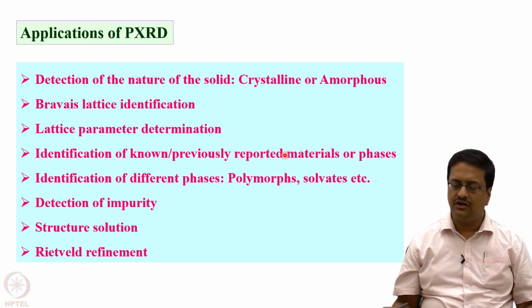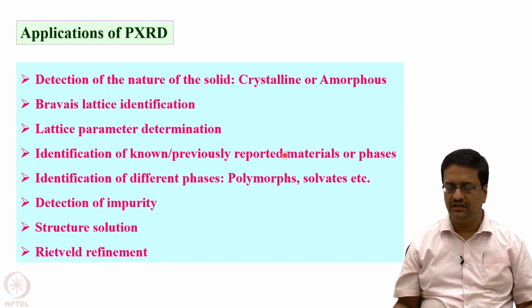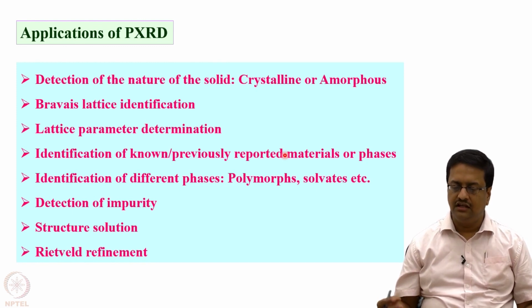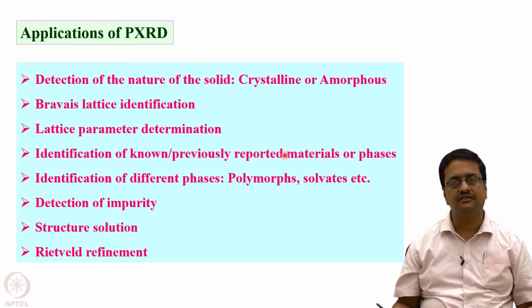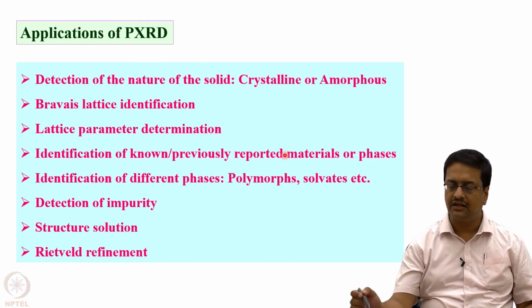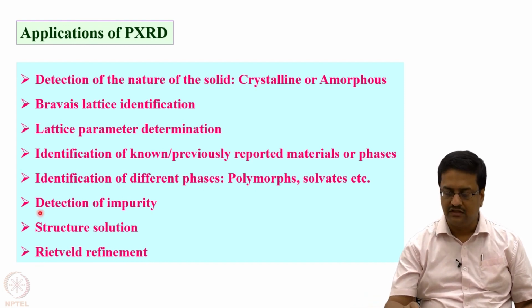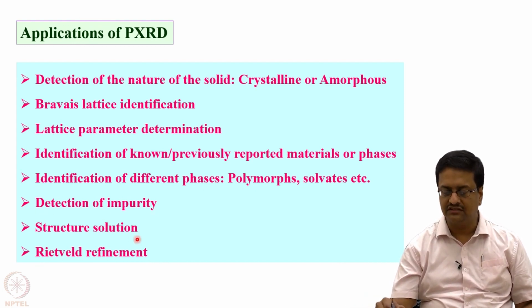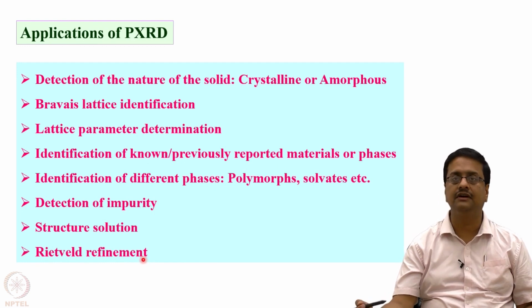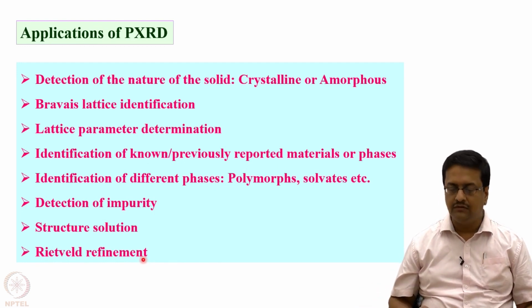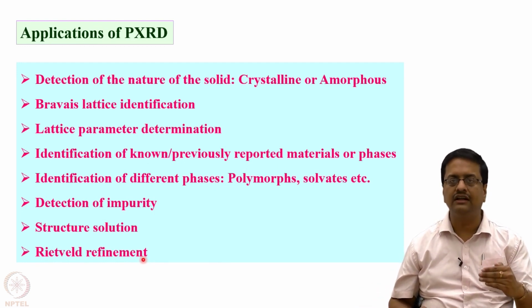One can use it for Bravais lattice identification, lattice parameter determination, identification of known or previously reported materials or phases, identification of different phases or polymorphs or solvates, detection of impurity, structure solution, and Rietveld refinement as well. We will try to see these points one by one.